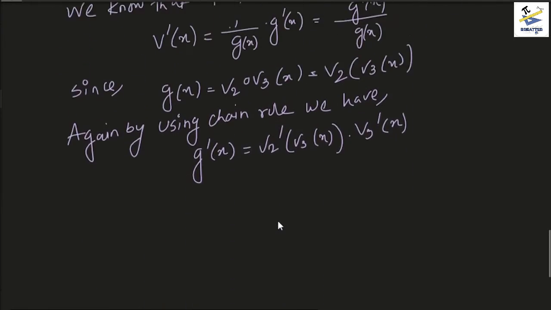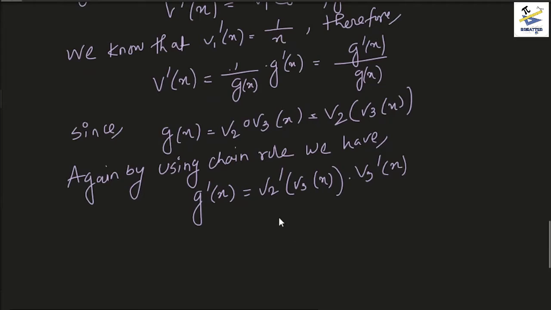Then since v2 prime of x is cos x, this becomes cosine of v3 of x, and v3 prime of x is just e to the power x. So this becomes e to the power x cosine of e to the power x, which is g prime of x.